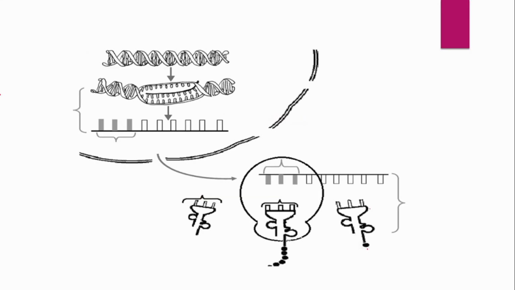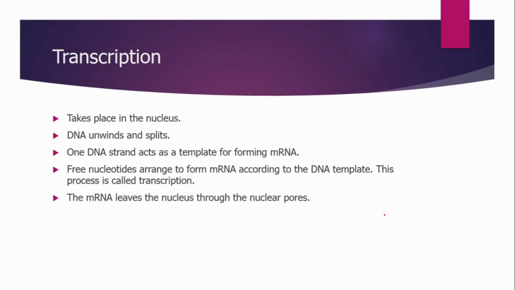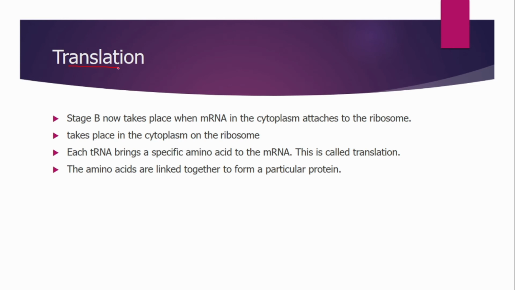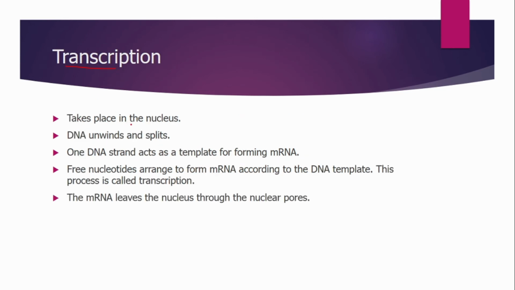Here is a summary picture of protein synthesis. Protein synthesis is divided into two main processes: transcription and translation. Let's look at transcription. It takes place in the nucleus.